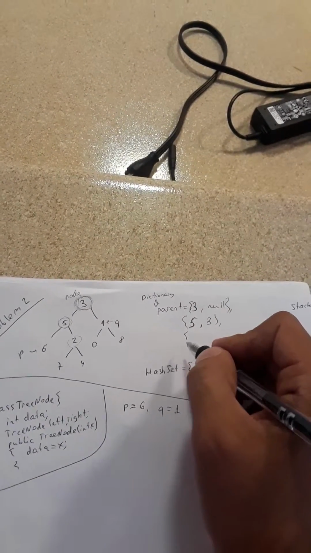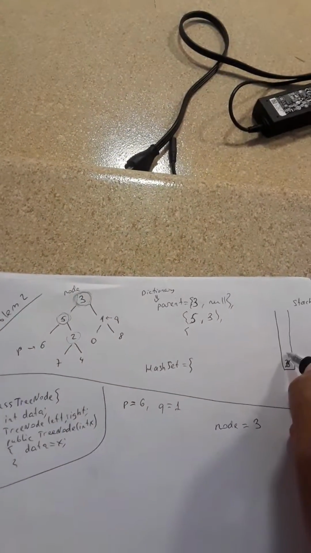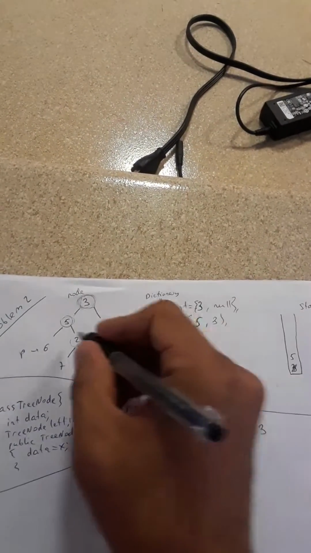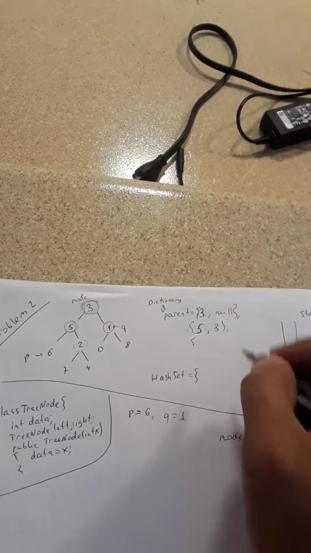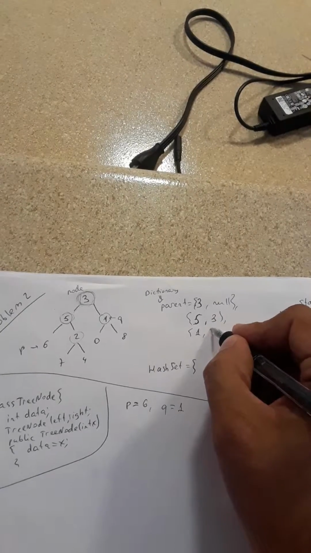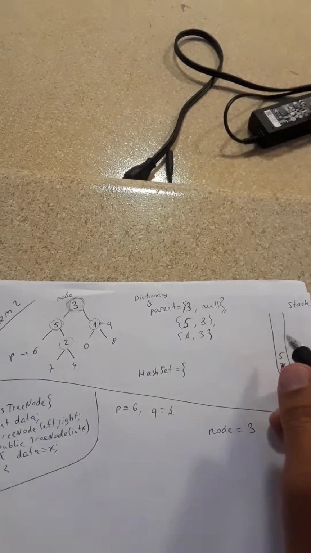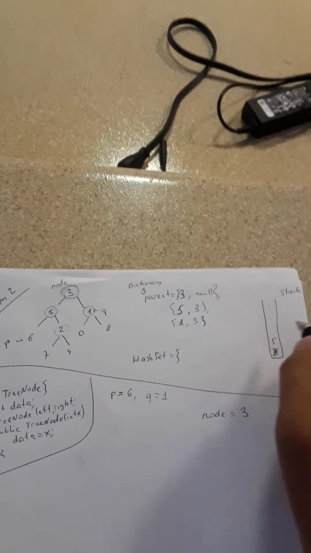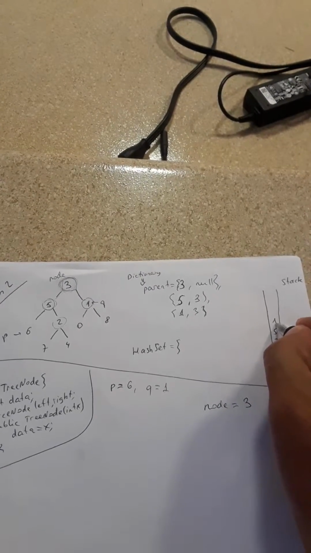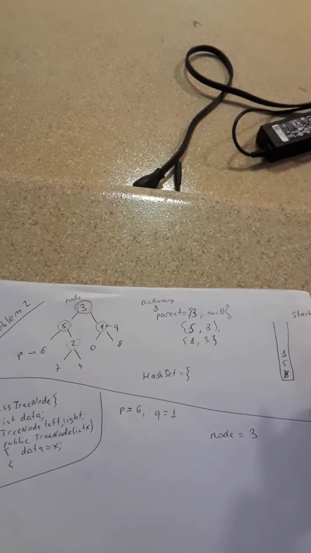Then I will push the left child to the stack. Then I will do the same thing with the right node. Again, the right child will go as a key and the node itself as a value, and then I will also push the child to the stack.